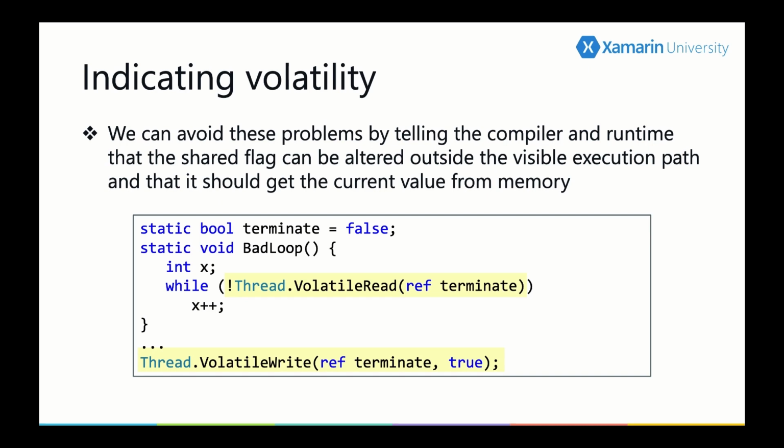You use VolatileRead to read the value, and this tells the CPU to do whatever is necessary to ensure that it is reading the latest value, even if it means dumping the cache line and reloading it. The second thread uses VolatileWrite to change the value. This tells the compiler to not perform any code reordering or register caching optimizations here, and to ensure that the value will get flushed to the main memory immediately.